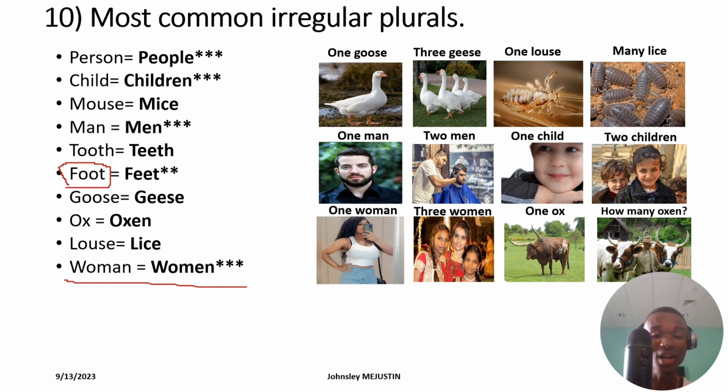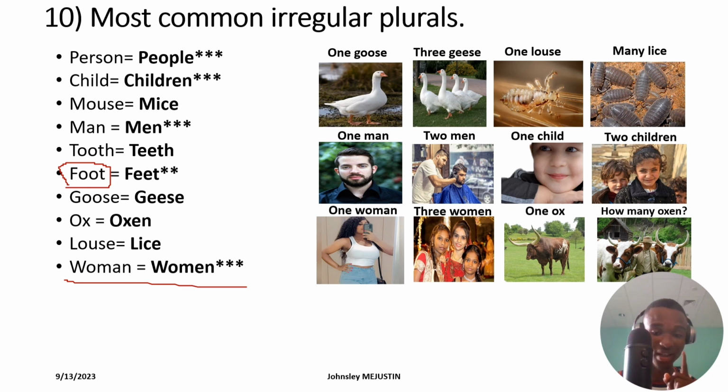So one louse, many lice. One man, two men. Okay, one man, two men. One child, two children. One woman, three women. See? One woman, three women. One ox, two oxen. You see?